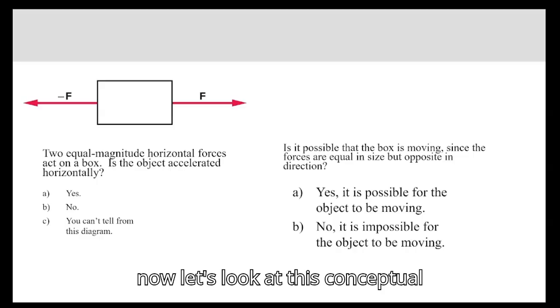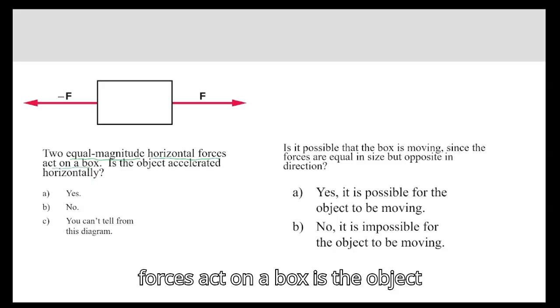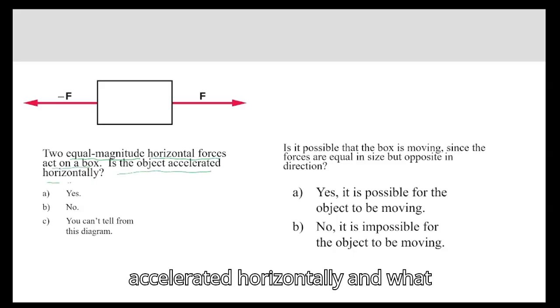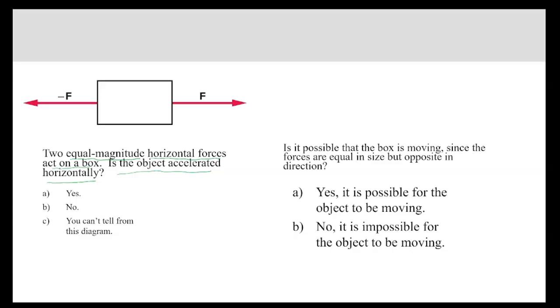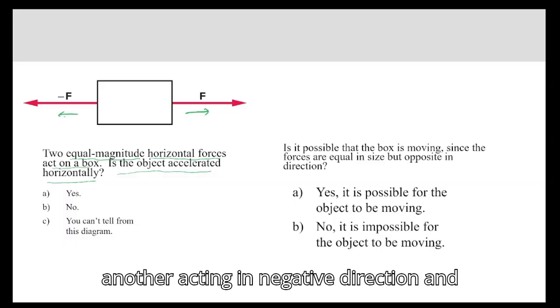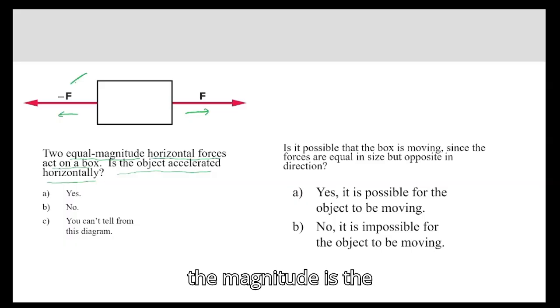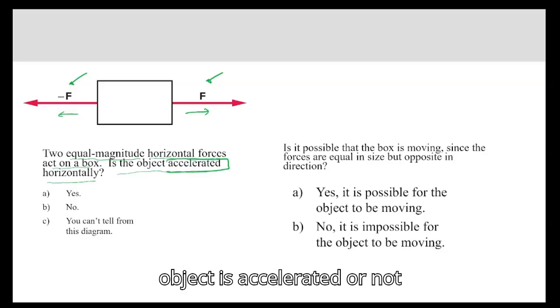Now let's look at this conceptual question. The first question asks: two equal magnitude horizontal forces act on a box. Is the object accelerated horizontally? We have two forces, one acting in the positive direction and another in the negative direction, with the same magnitude, and it is asking whether the object is accelerated or not.